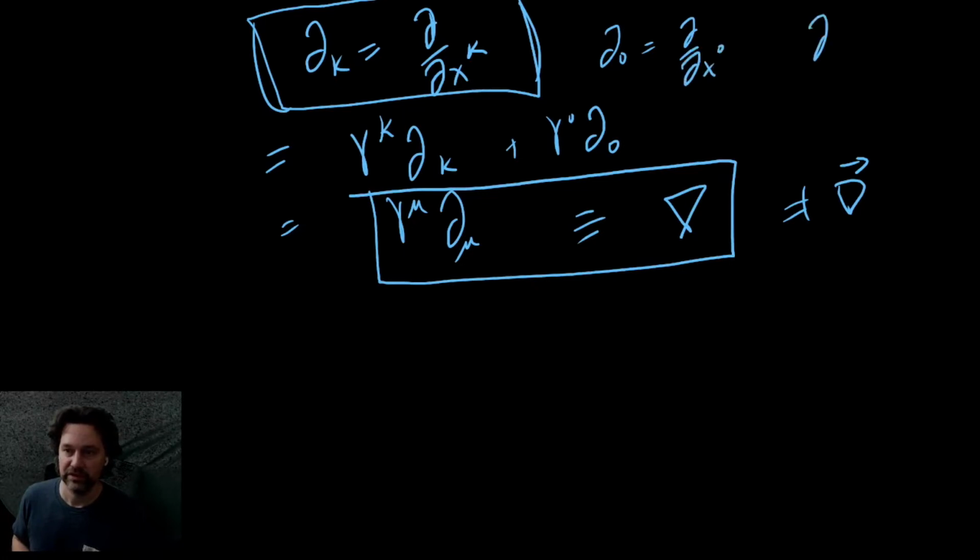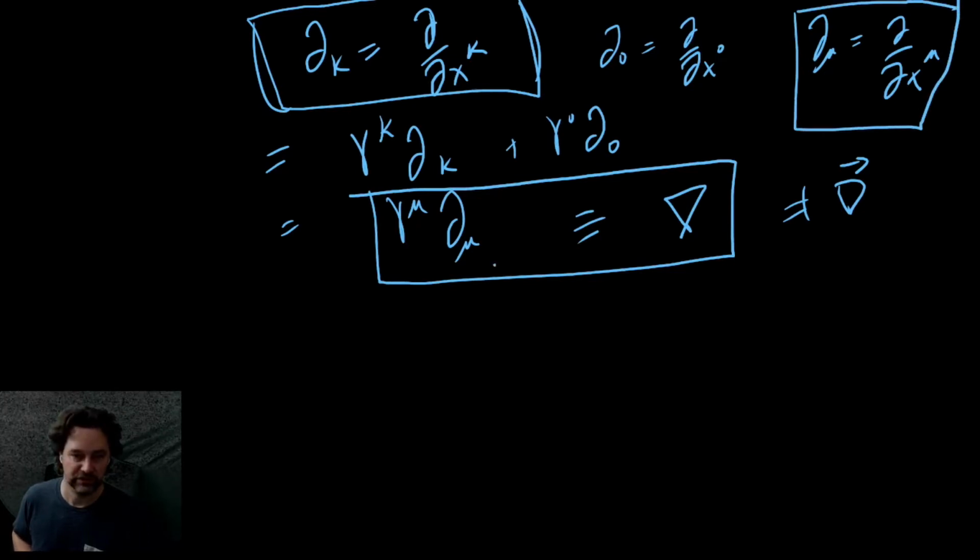So really we have ∂_mu as ∂/∂x^mu. Here's our definition for our partial, and here's our definition for our space-time gradient. So with that definition, we now have grad F equals J. It's deceptively simple.